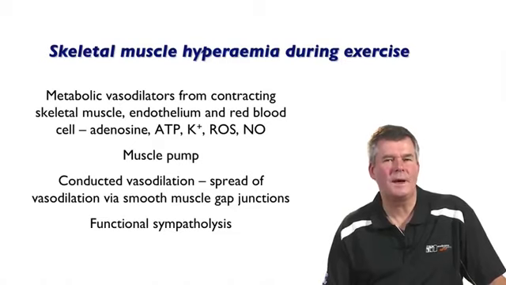The so-called muscle pump, or the rhythmic contractions of muscle on the blood vessels, is thought to play a role. Some have suggested that early on in exercise, the initial contractions create a vacuum which facilitates blood flow into the muscle. But certainly with ongoing exercise, the action of the muscle pump is important in maintaining venous return to the heart, given that there are valves in the veins, which facilitates the unidirectional flow back towards the heart.